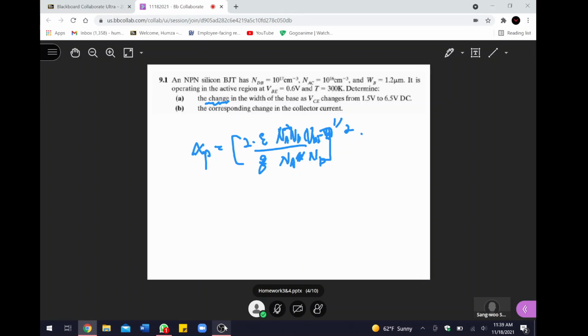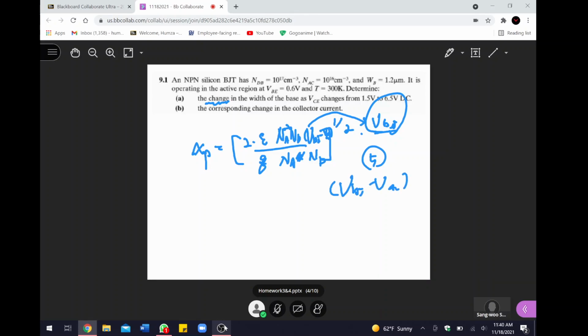You can put in the VBI that you actually calculate, right? Using this equation correctly, you can put in the VBI and then the VA, and this one is the 5-volt difference, because that is VBI minus VA.